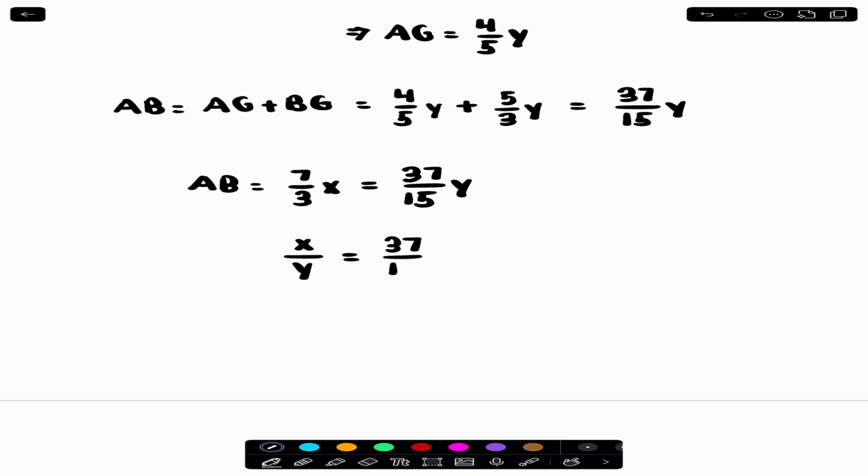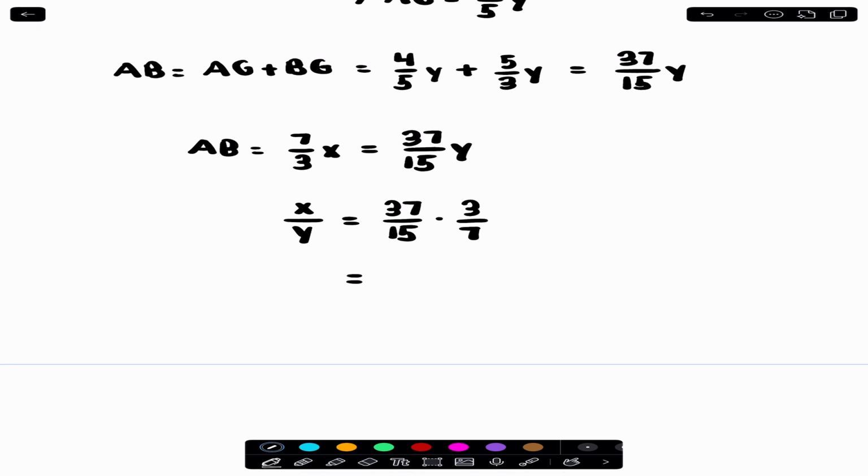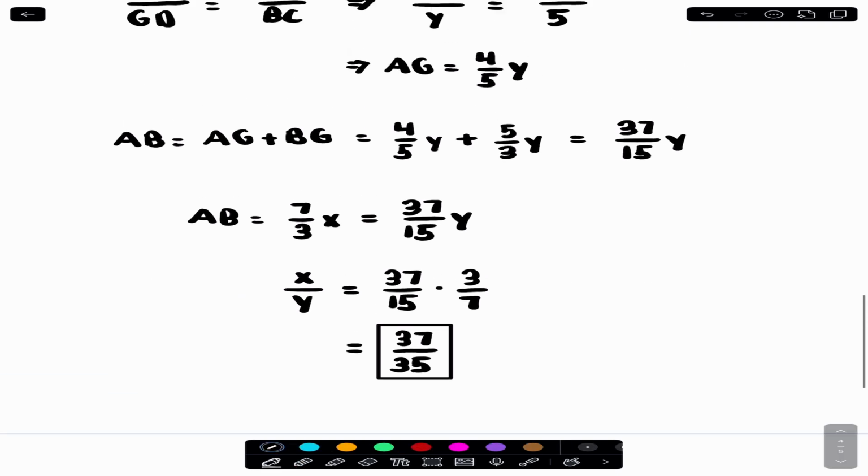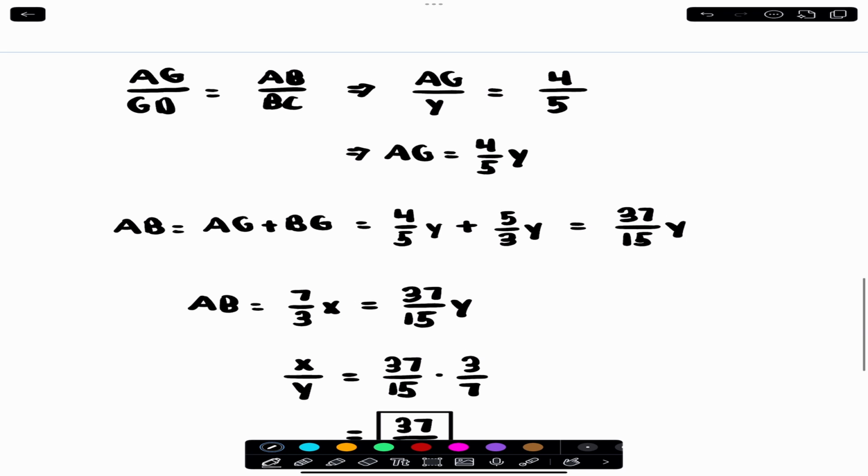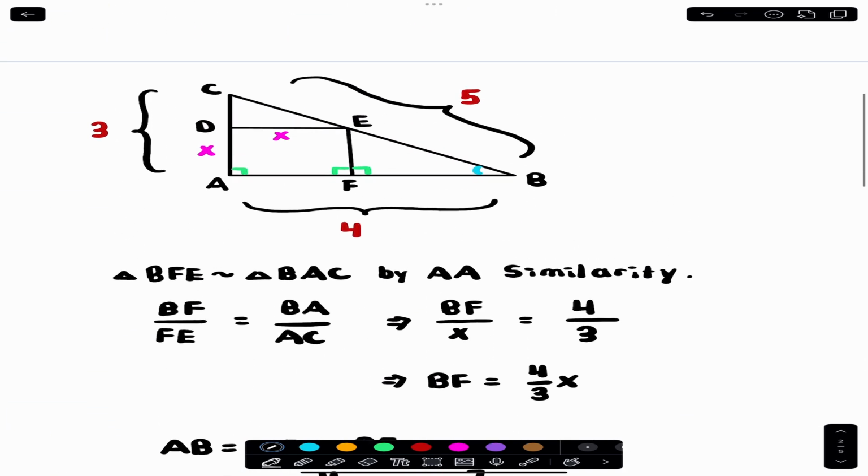When we move everything around, we find x over y should be equal to 37 over 15 times 3 over 7. I trust you can see how that algebra simplifies, but when you do a little bit of simplification, you get a final answer of 37 over 35. So x over y is equal to 37 over 35.